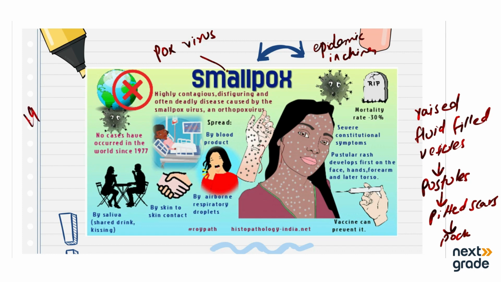In 1980, it was declared by WHO, the World Health Organization, that smallpox has been eradicated from the world, that it has been completely eliminated. It spreads through blood, by airborne, by skin, by saliva, right? It causes constitutional symptoms like the pustular rashes that develop first on the face, hand, forearm, and later on. So this is what smallpox does.